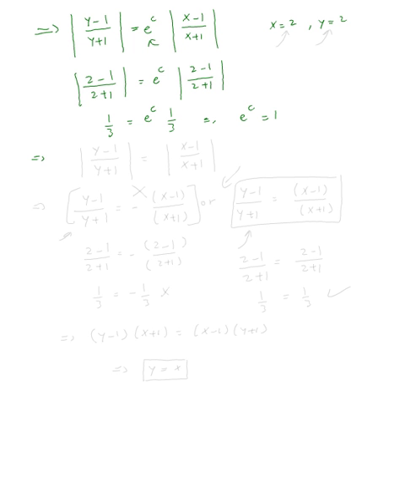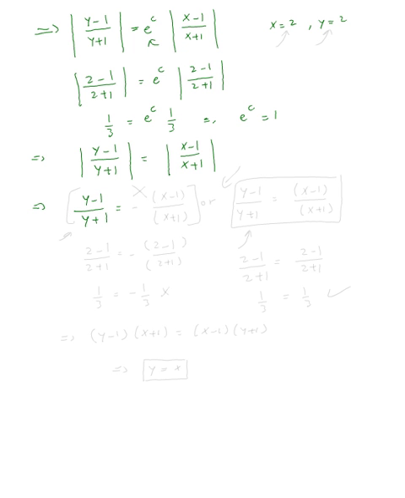Now let's plug it back here. So the solution will be absolute value of y minus 1 over y plus 1 equals, e to the c is 1, so 1 times absolute value of x minus 1 over x plus 1, right? What does that mean? That means y minus 1 over y plus 1 is equal to minus or plus.